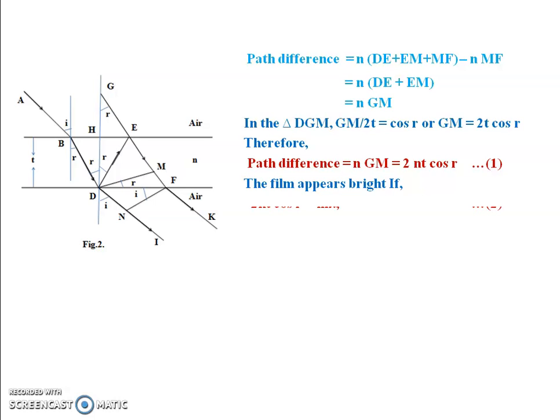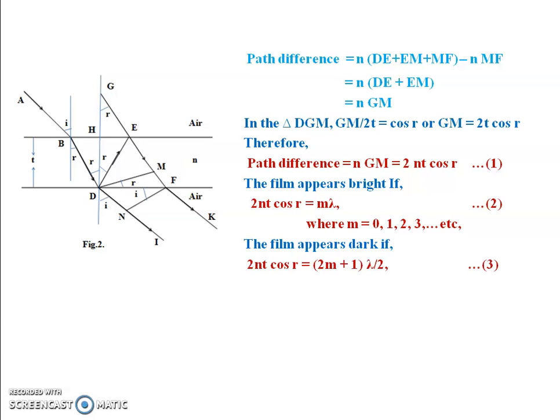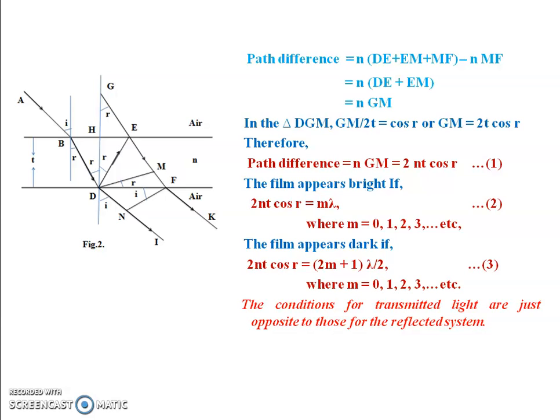The film appears bright if 2μt cos r is equal to mλ, equation number 2, when m is equal to 0, 1, 2, 3, etc. The film will appear dark if the path difference is equal to (2m+1)λ/2, where m is equal to 0, 1, 2, 3, etc.